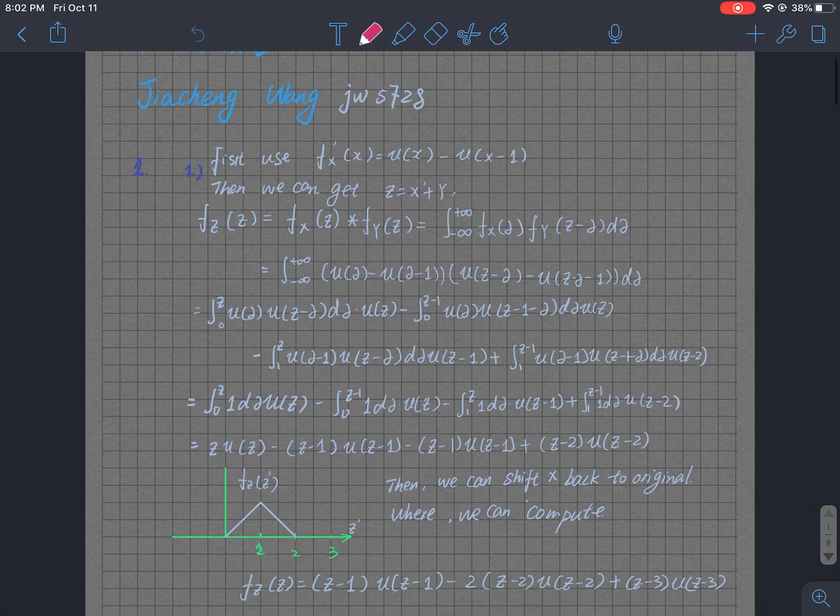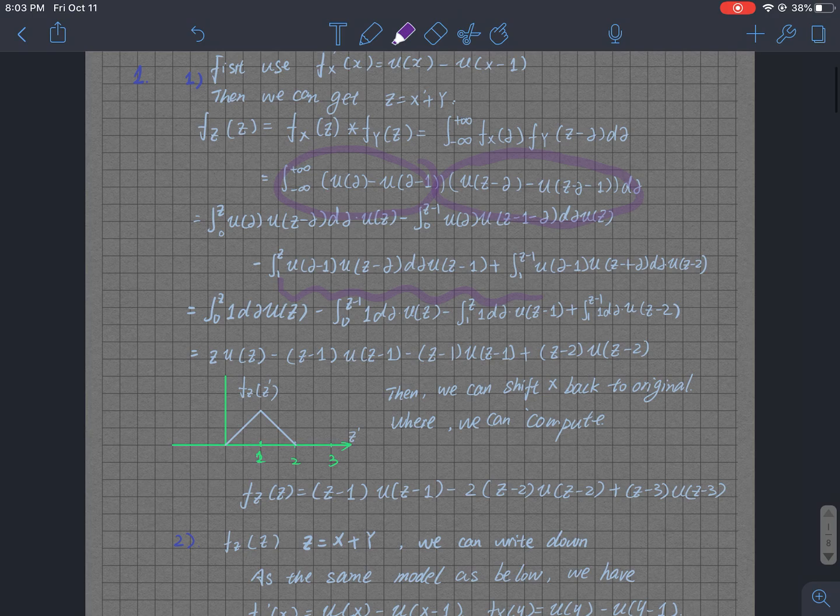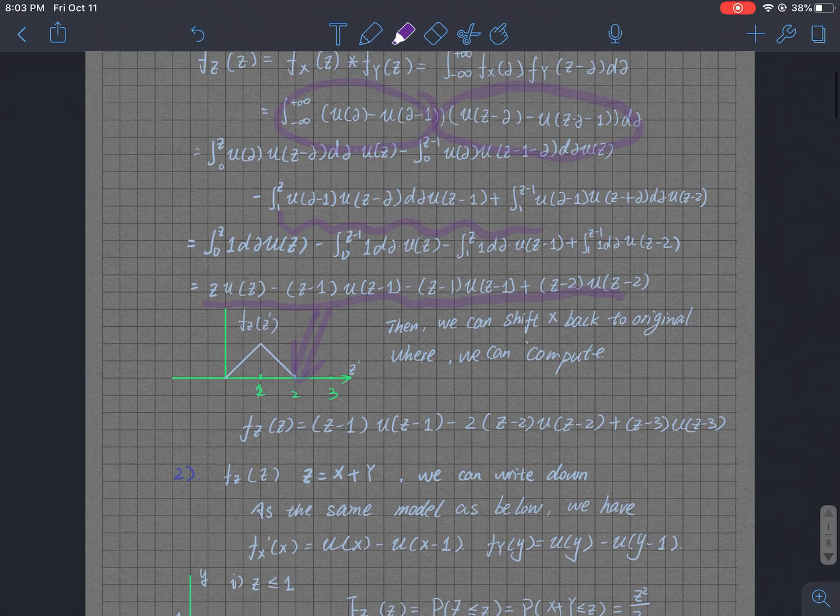For this question, firstly, as I said, I just expanded it into two uniform functions multiplied together, and then we can simplify them. Then based on this formula here, we generate this, which, as we have already said, is just a triangle.